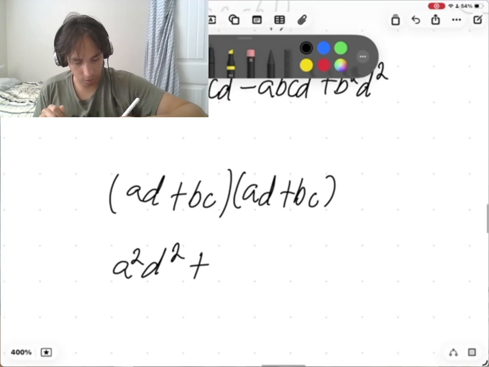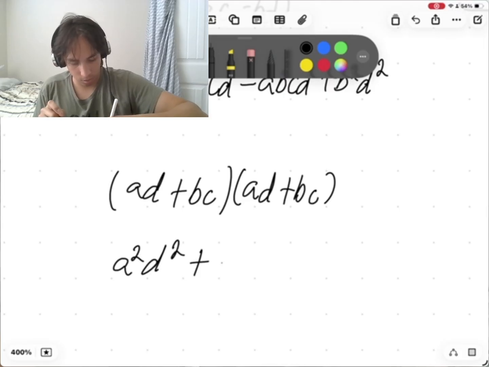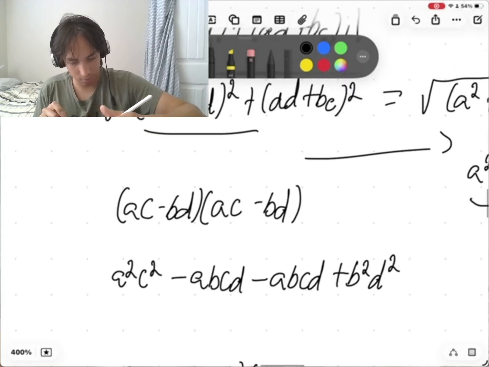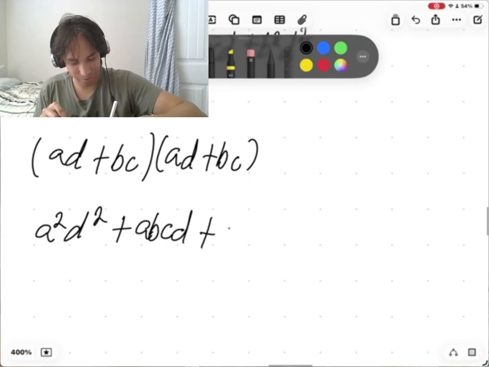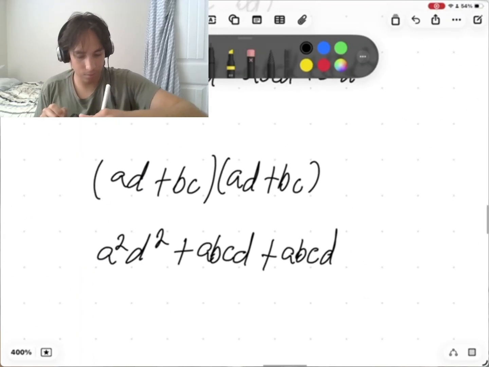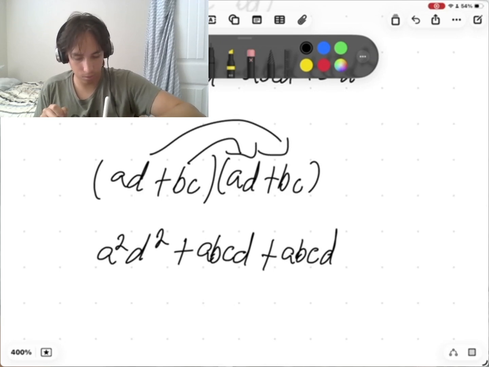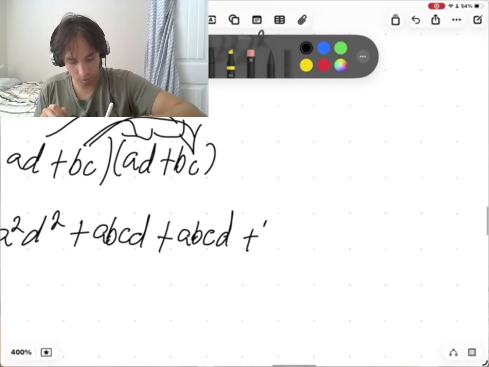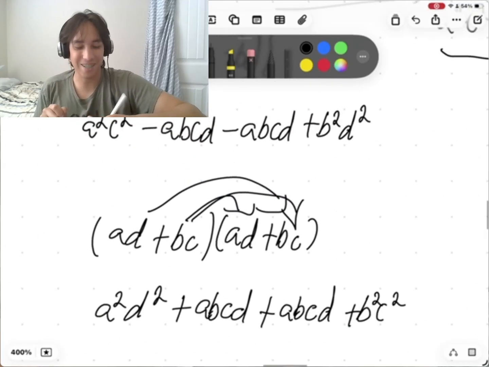Oh, I think this is going to be nice. Plus ABCD, and then plus ABCD, plus ABCD. Right? There's B squared C squared. Ah, I think that's actually nice.